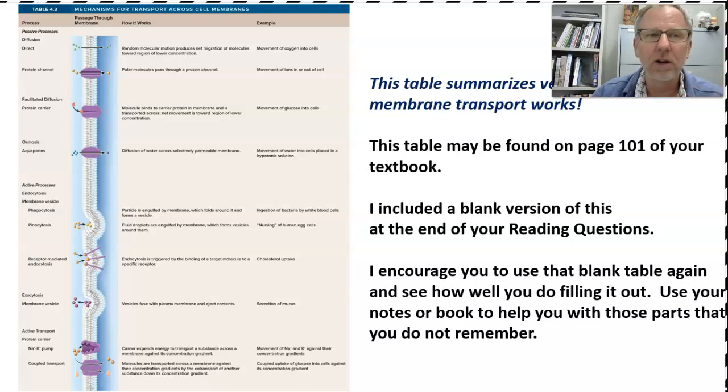It's a fair amount of work, but it was a good kind of heads up to these different ways that substances move across membranes: simple diffusion, facilitated diffusion, exocytosis, active transport, co-transport. It's all summarized on this table. Very, very cool. It's on page 101 of your textbook.